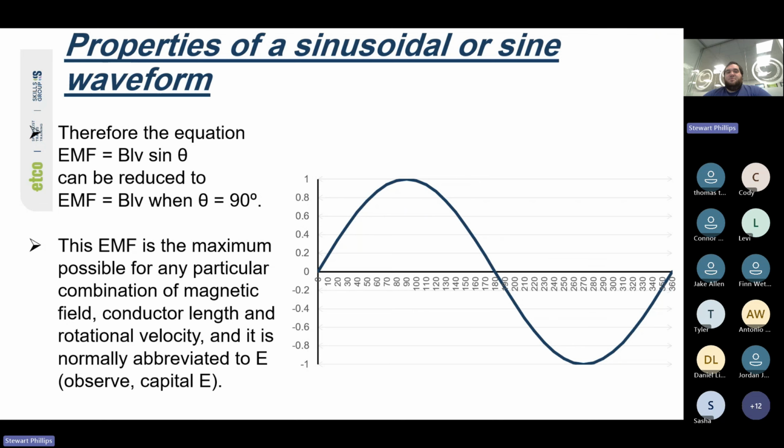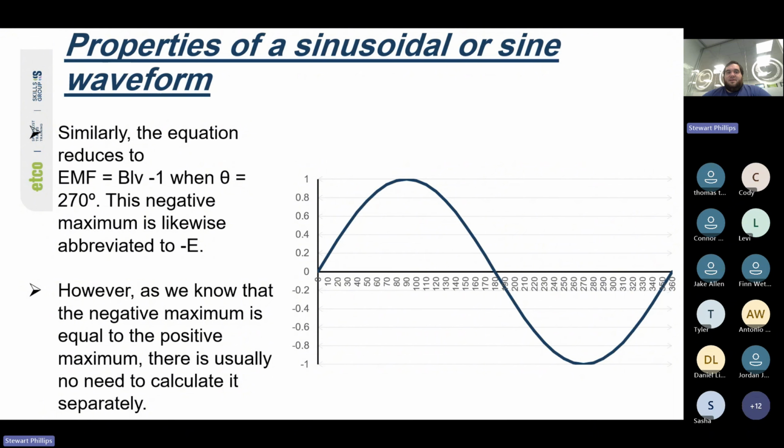So that's the maximum possible EMF for any particular combination of magnetic field, conductor, and rotational velocity. It is normally abbreviated to capital E instead of EMF. Similarly, the negative maximum is abbreviated to negative E. As we know that the negative maximum is equal to the positive, there's usually no need to calculate these two separately.